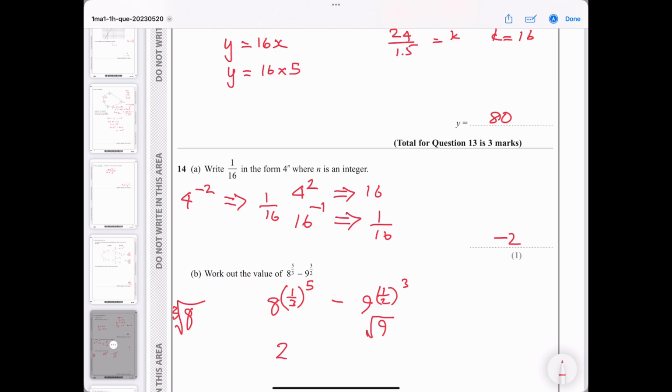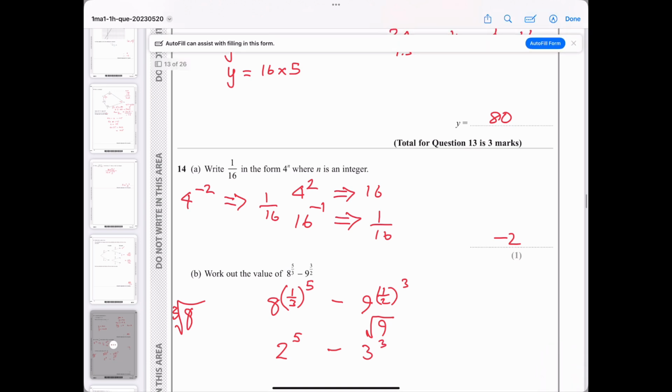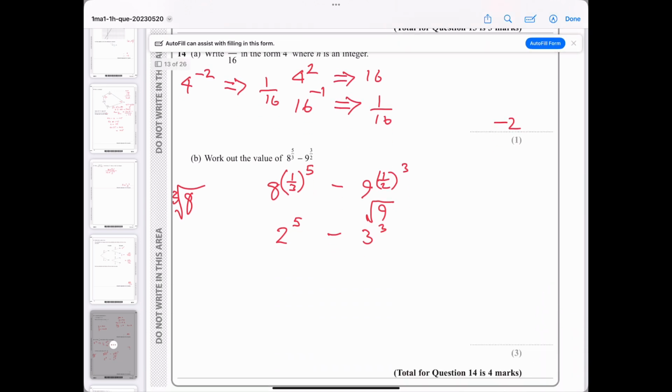So it's 2 to the 5 minus, and the square root of 9 is 3, so that's 3 to the 3. And these are proper numbers. 2 to the 5 is 2, 4, 8, 16, 32. And 3 to the 3 is 3, 9, 27. So the answer is 5.